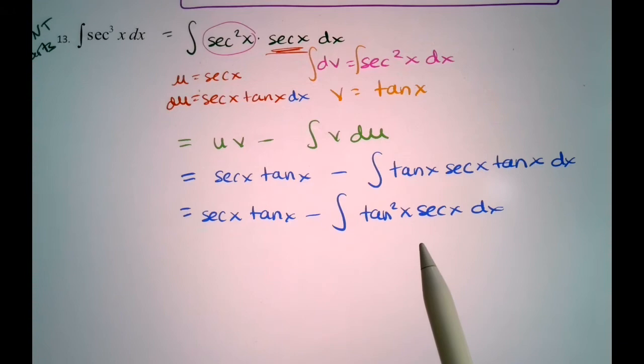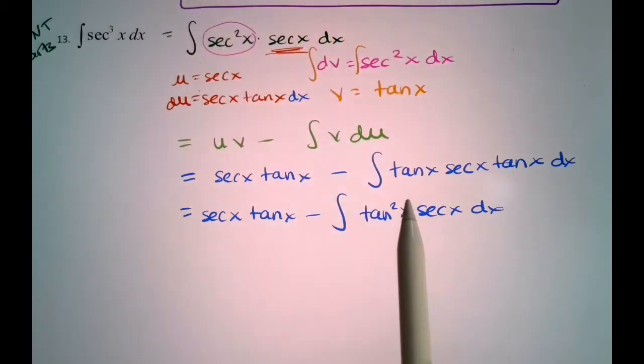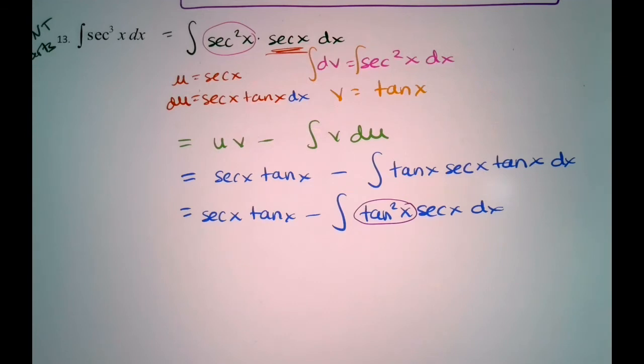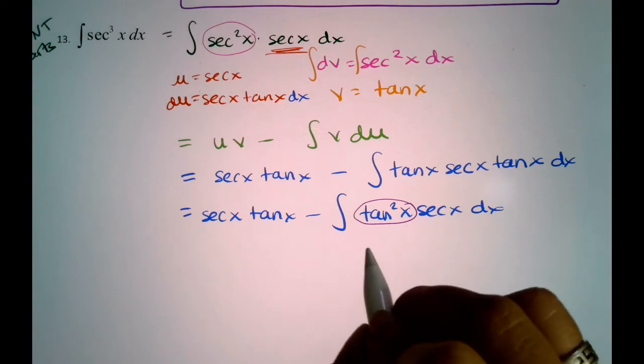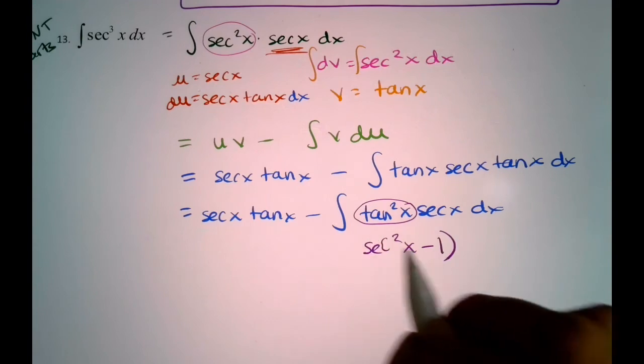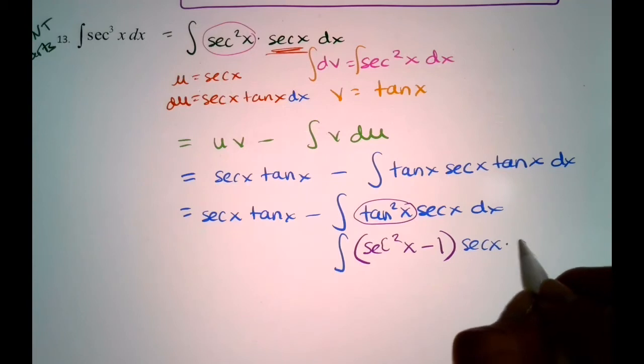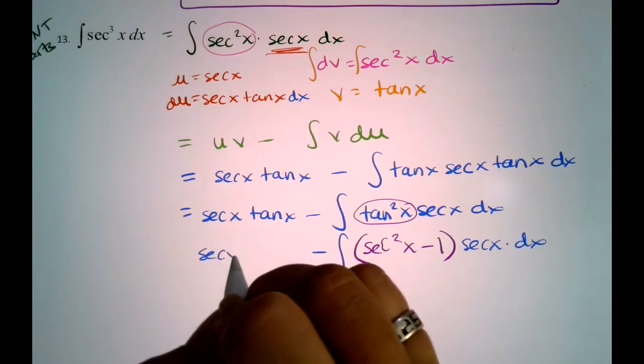If I look at this, I'm going to swap out tan squared. There's really no other option. I can't let u equal tangent because I don't have secant squared in the problem. I can't let u equal secant because its derivative is secant tangent. My only option here is to go back to using one of those Pythagorean identities. Let's rewrite tan squared as secant squared minus 1. It's an identity, so it's true no matter what. I'm hoping it's going to be helpful to us here.